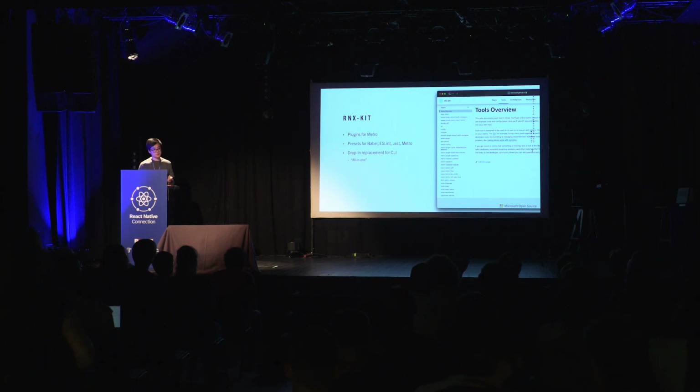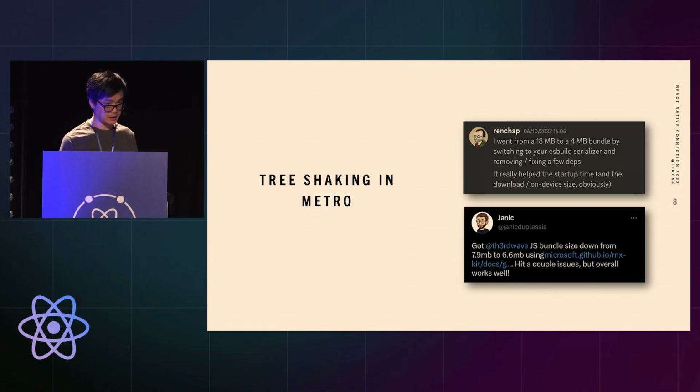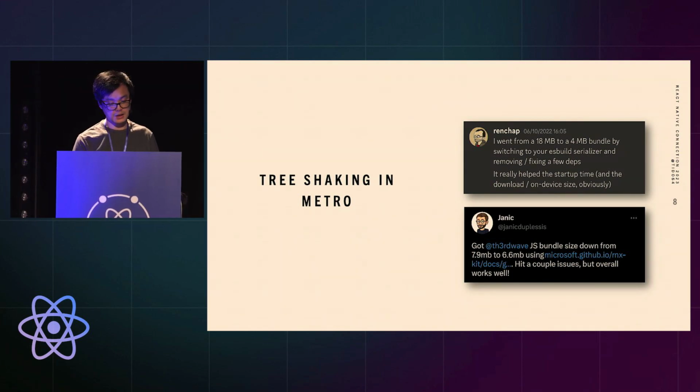As an example, one of the more popular tools we made is the tree shaking plugin for Metro. And this started out as an experiment using esbuild that we saw great results with. Internally, we have seen savings up to 50%, but the community has also shared their results with us.